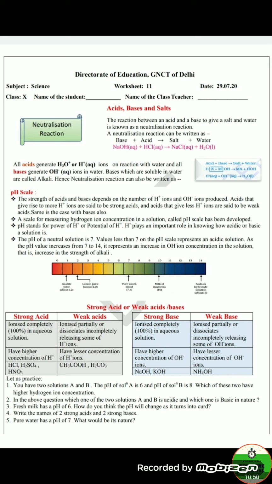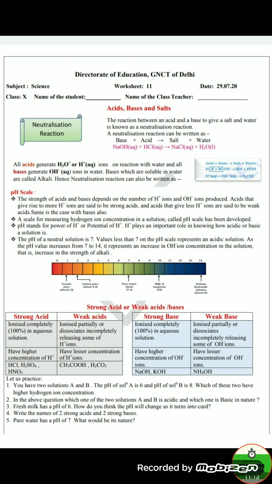Which of these two has higher hydrogen ion concentration? So the answer to this question is, the lesser the pH of solution, the more will be the H plus ion concentration. So solution A with pH 6 has more H plus ion concentration.